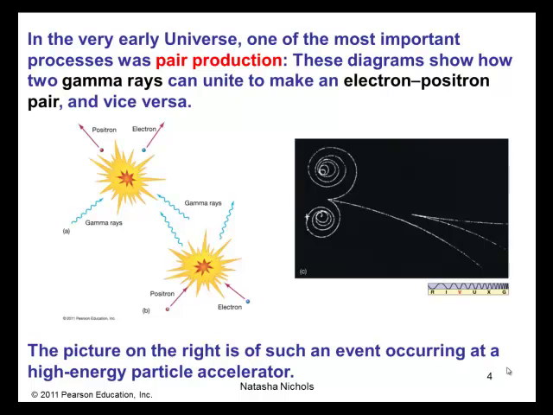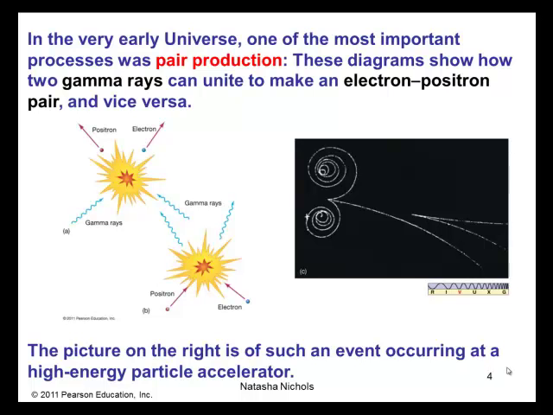Frame C is a picture from a particle detector. A particle detector is an instrument designed to show the tracks of otherwise invisible subatomic particles, which helps us visualize pair production. A gamma ray, whose path is invisible because it is electrically neutral, arrives from the left, dislodging an atomic electron and sending it flying, so you can see the longest path.